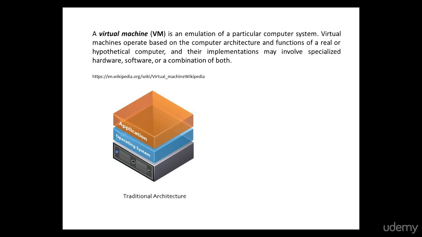So, what is a VM from a theory perspective? Well, you can read an official or formal definition there if you like, but very simply put, a VM creates an abstraction layer between the hardware and the operating system layer. In a traditional architecture, we have a hardware layer, then an operating system layer like Windows, into which we then install our applications.